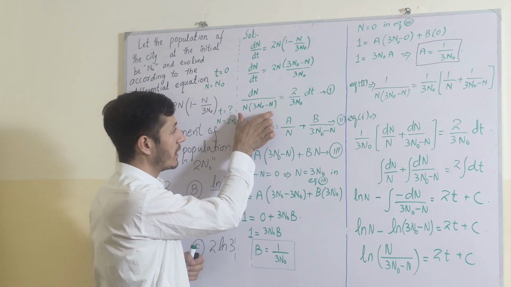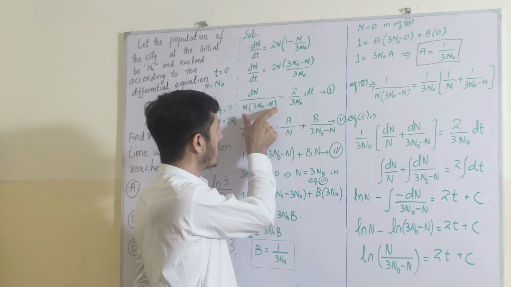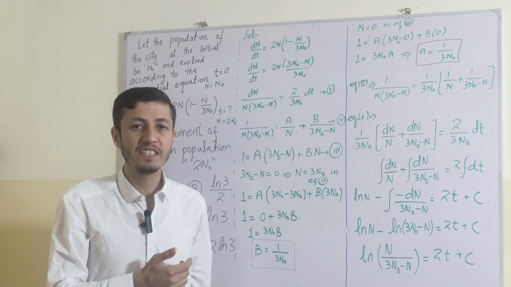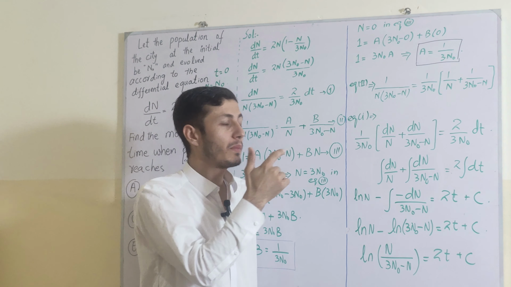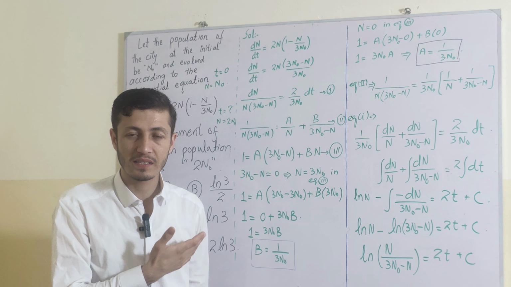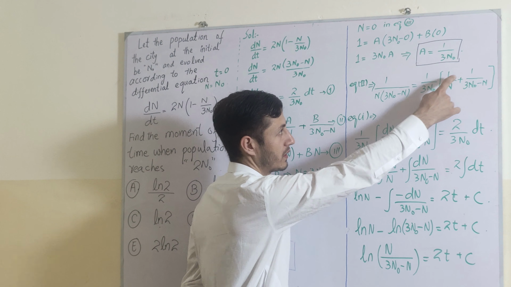So by placing this value in the first equation, it gives us 1 divided by 3 times n naught into 1 by n plus 1 by 3 times n naught minus n.